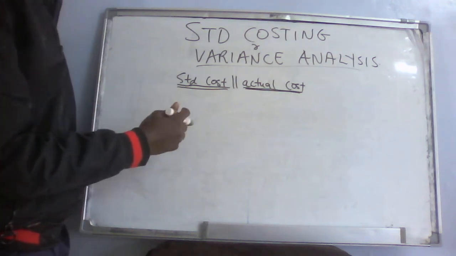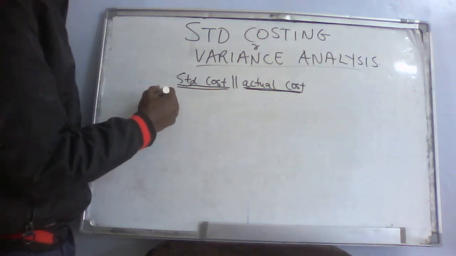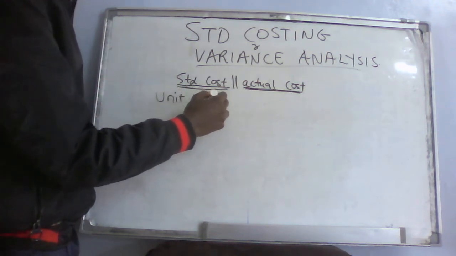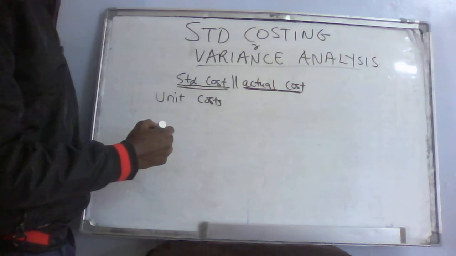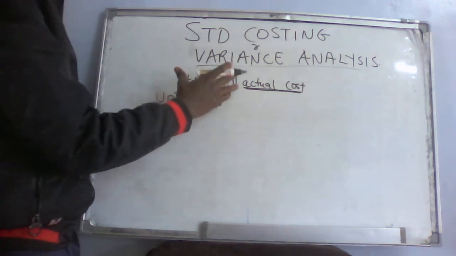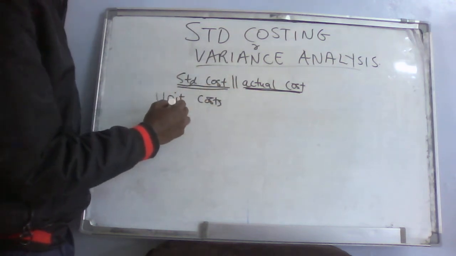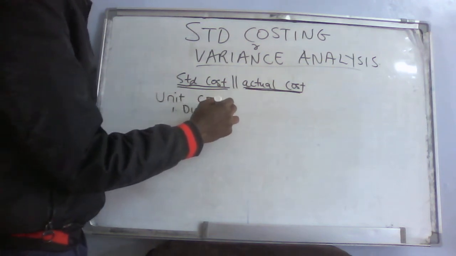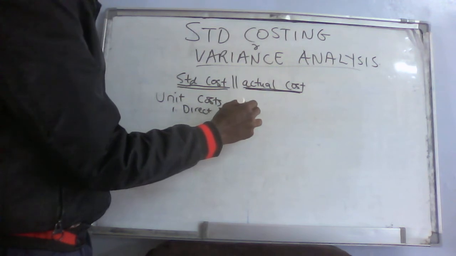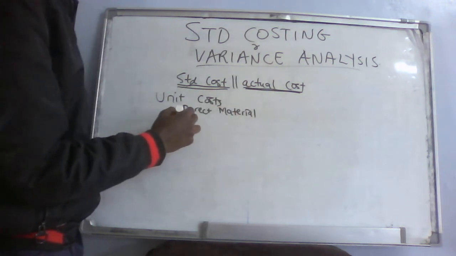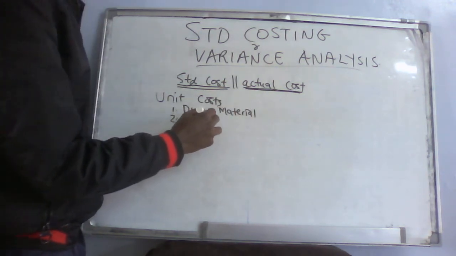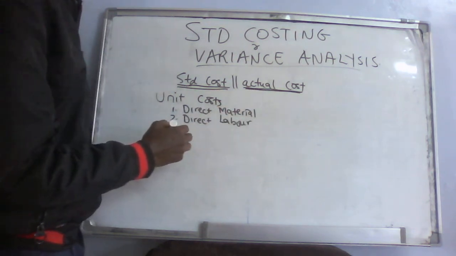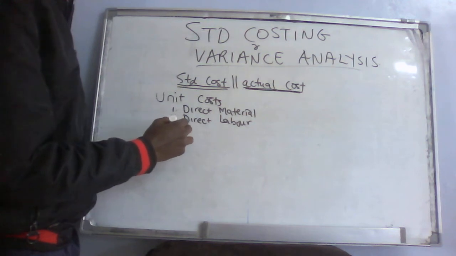So what will guide us at the unit cost? You know, in cost accounting, the unit costs for which we perform standard costing and variance analysis are: number one, direct material cost; number two, direct labor cost; and three is overhead cost.